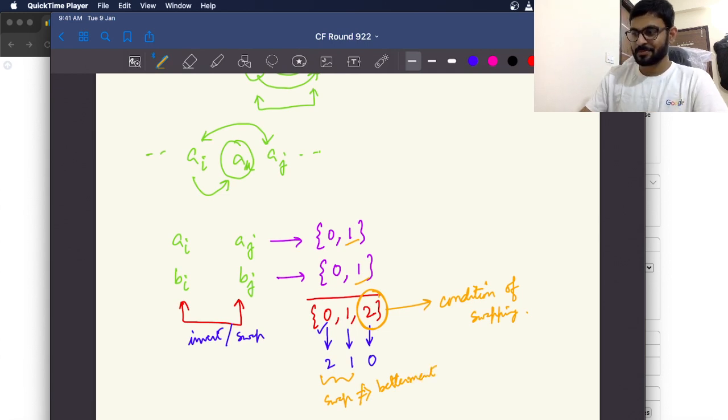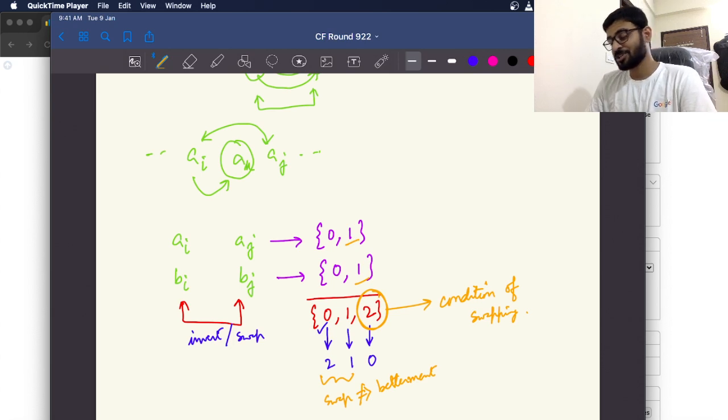Okay. So what condition can we impose such that we can ensure this will come out? What condition about I and j if I give?